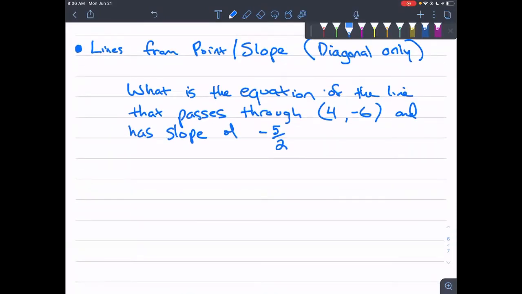Okay, what is the equation of the line that passes through 4, -6, and has a slope of -5/2?